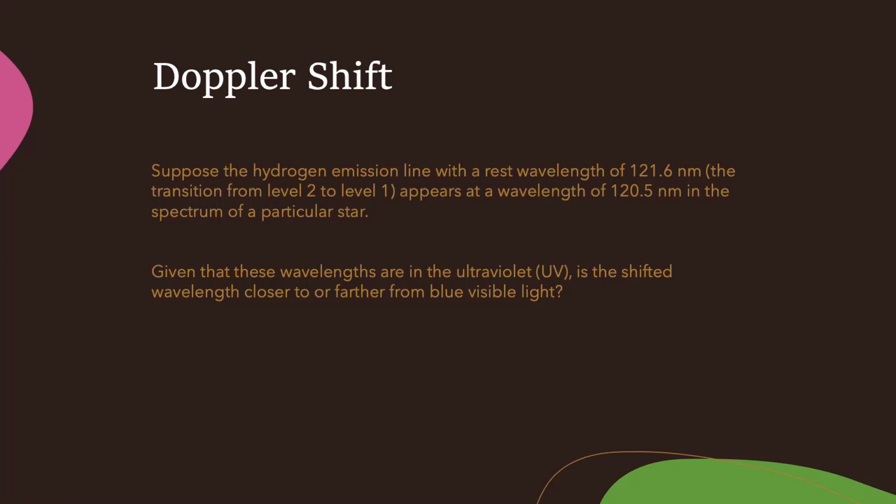So something goes from 121.6 nanometers to 120.5. That means the wavelength is decreasing. Right? If the wavelength is decreasing, what's happening to the frequency? Can anybody chime in and answer that one?